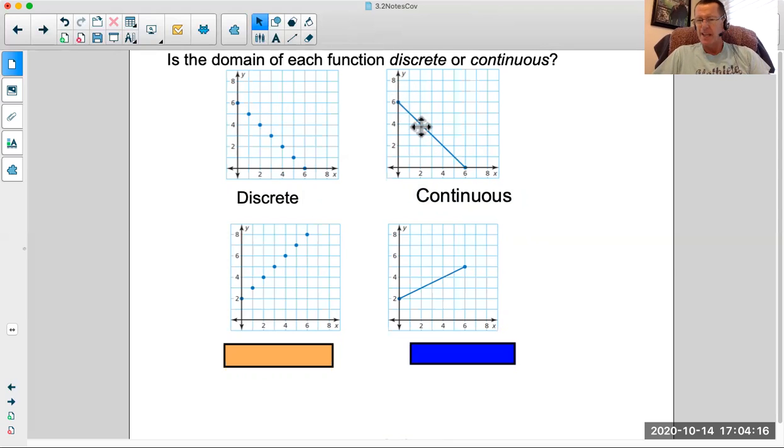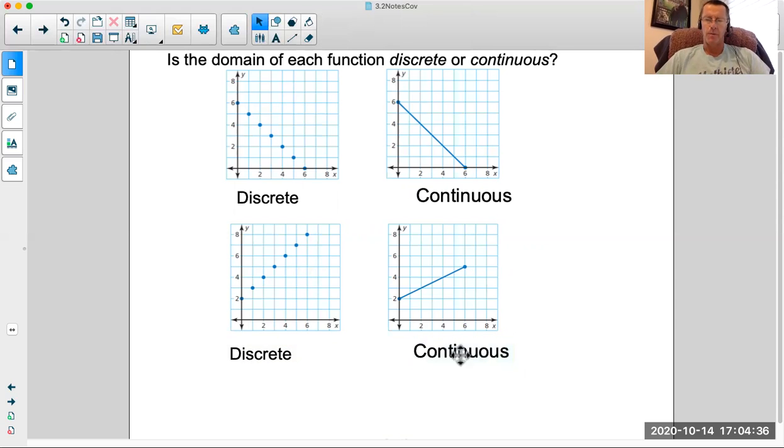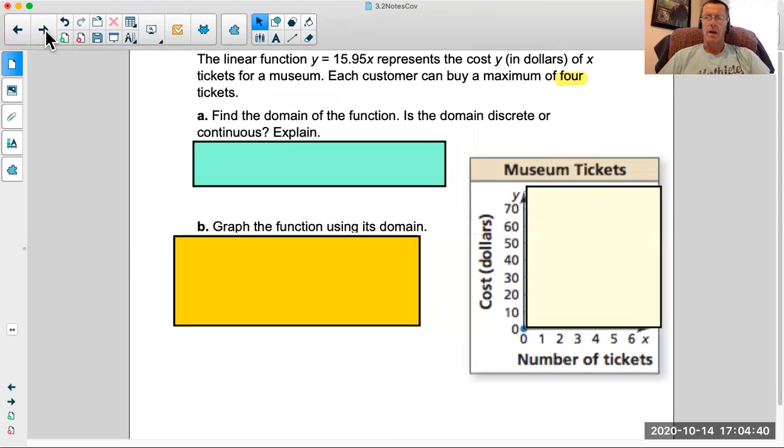And even though it's just a line segment, it's not a line, there's an infinite number of ordered pairs that you could pull on that. There's an infinite number of points that make up that line. Okay, how about this one down here? Right, discrete. It's just those, what is that, 7 points, right? But here, it's an infinite number of points in there. So it's continuous. Okay. All right.